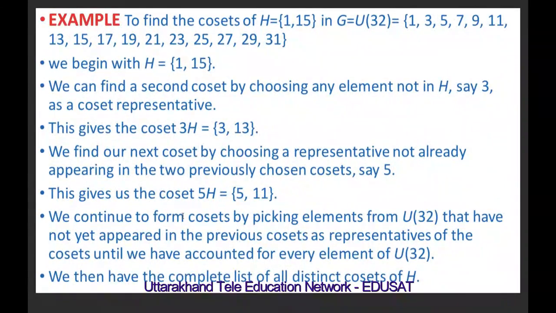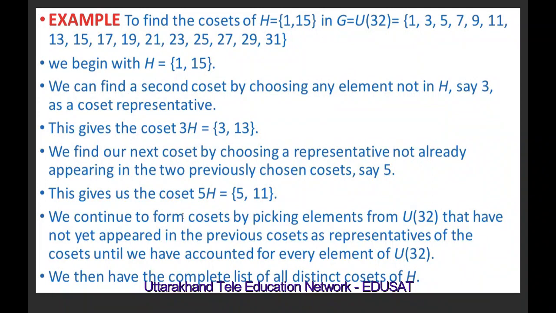Now this is one more example to find the cosets of H equal to {1, 15} in G equal to U(32), which is 1, 3, 5, 7, 9, 11, 13, 15, 17, 19, 21, 23, 25, 27 and 29. U(32) is the group of integers relatively prime to and less than 32 under multiplication. We begin with the set H equal to {1, 15}.